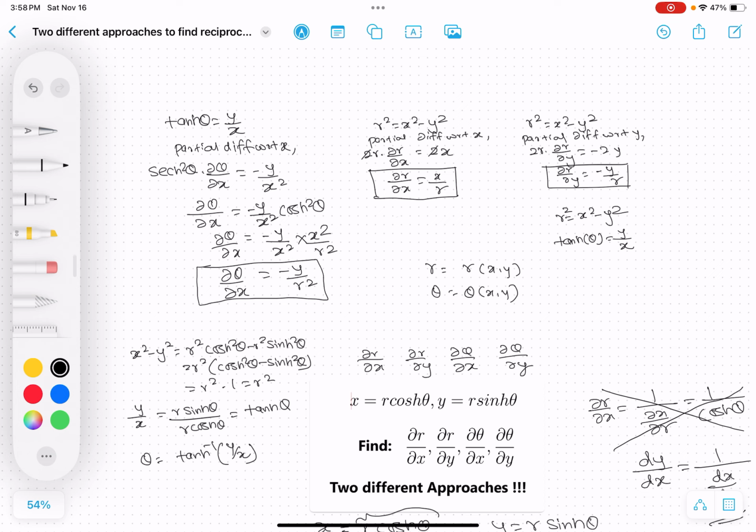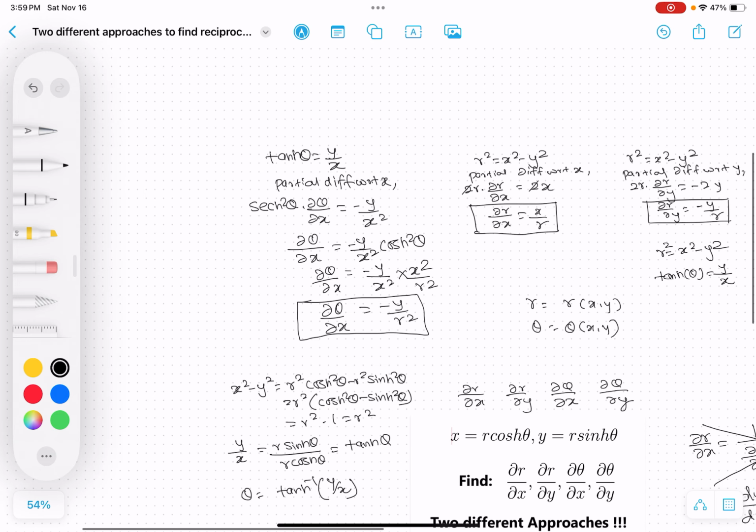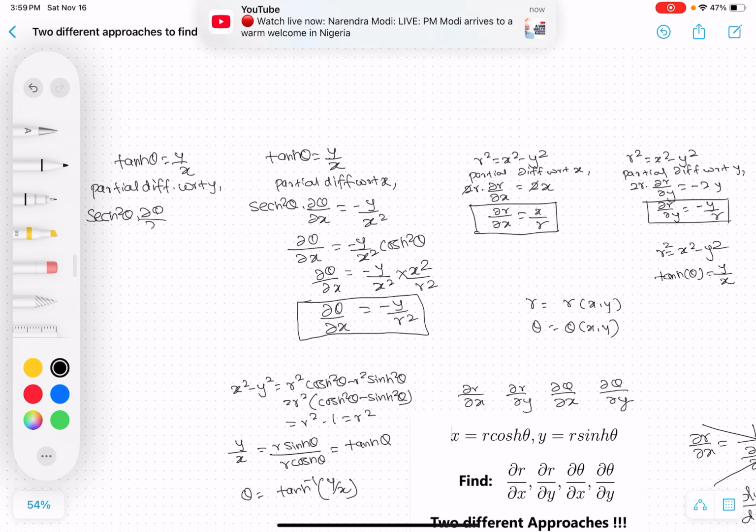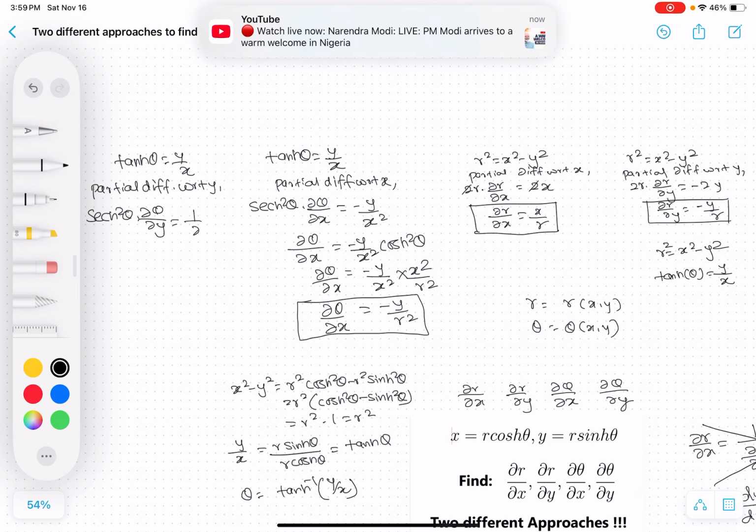Okay, now next we have to find it with respect to y. So again, if we make a partial differentiation with respect to y, this will be sech square theta times partial theta by partial y, which will just be 1 by x.